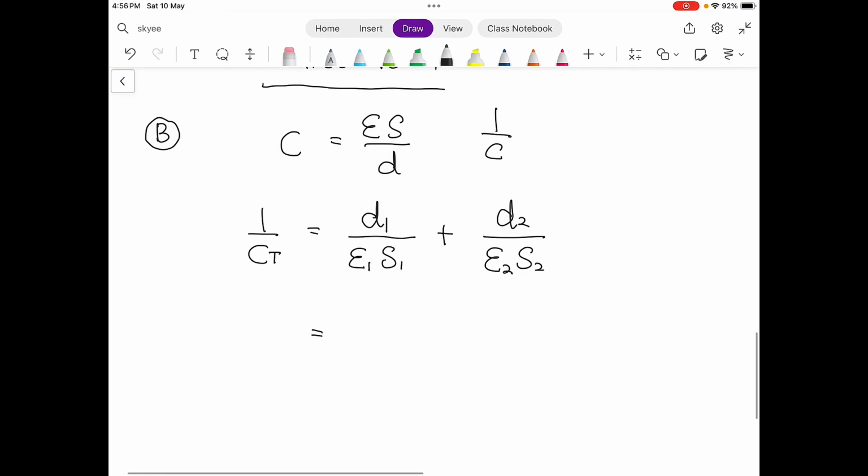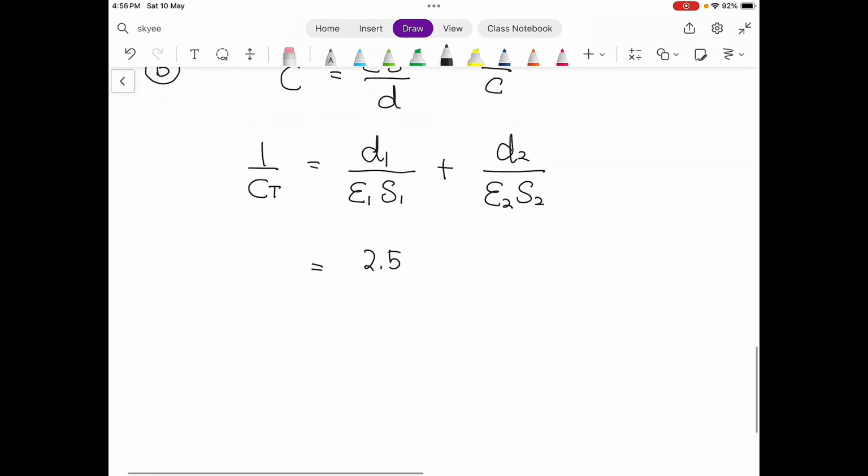The separation is 5 millimeter just now, so if we split it into half, it is 2.5 millimeter.